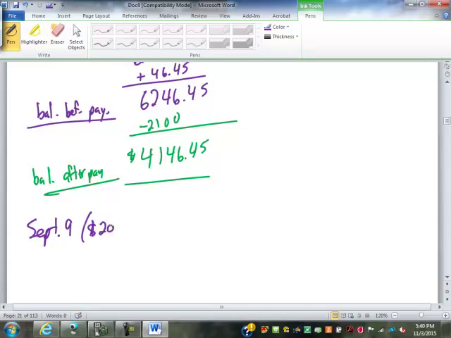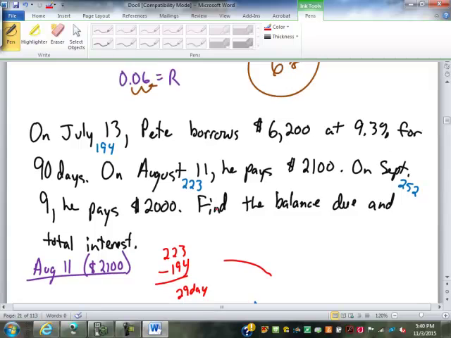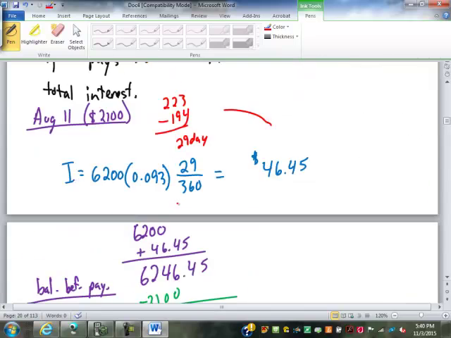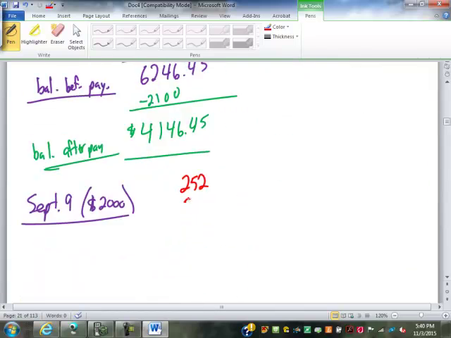So now our next action takes place on September 9th, which is day 252. That's a $2,000 payment. So I'm going to do 252, and our interest is current up until August 11th, which is 223. So we have gone 29 days again.